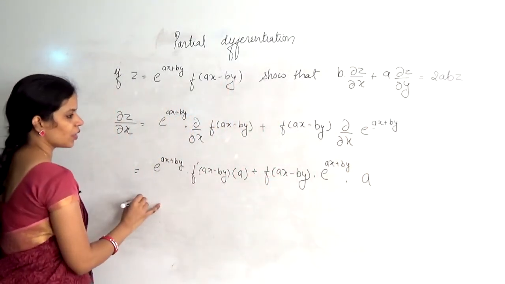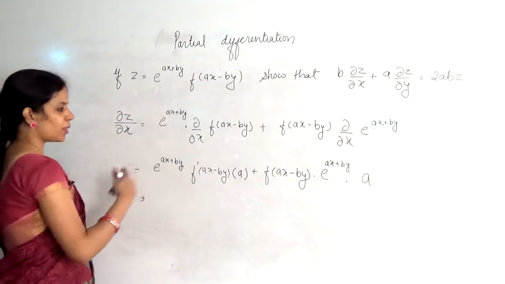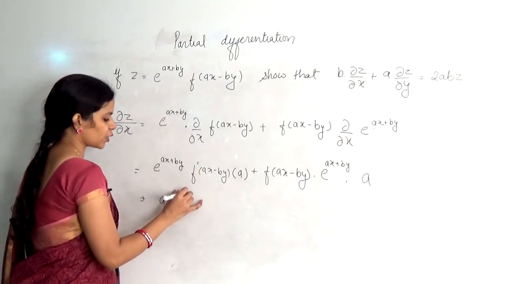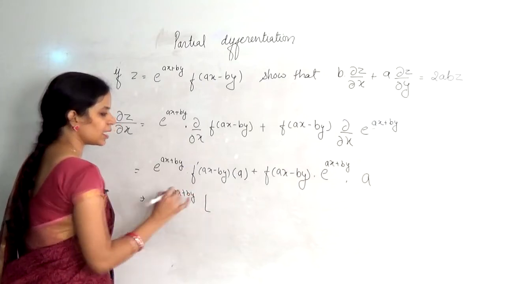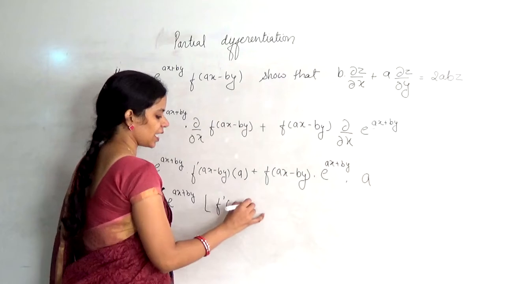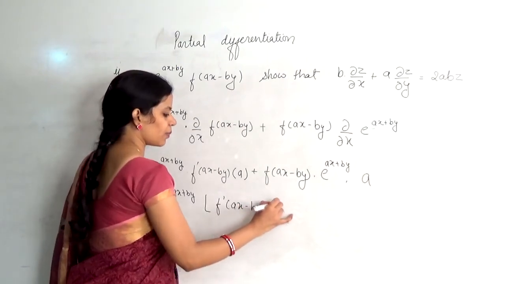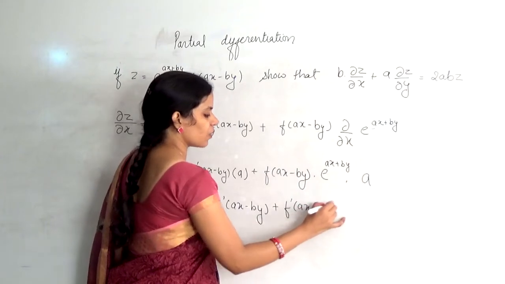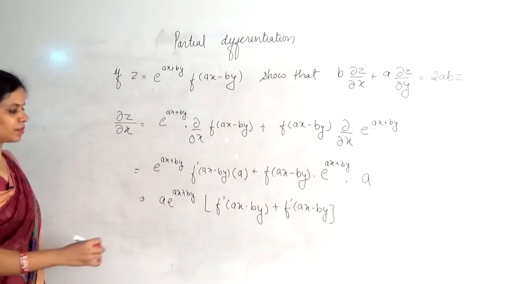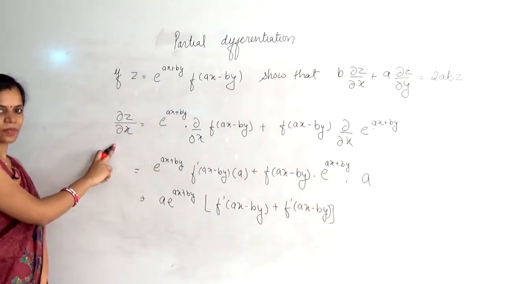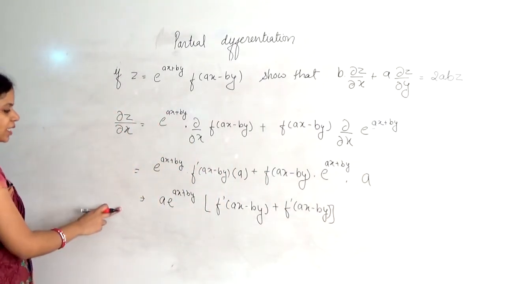Then we can keep common terms outside, a e to the power ax plus by. In the inside term we will get f dash (ax minus by) plus f(ax minus by). This is the partial differentiation of z with respect to x.